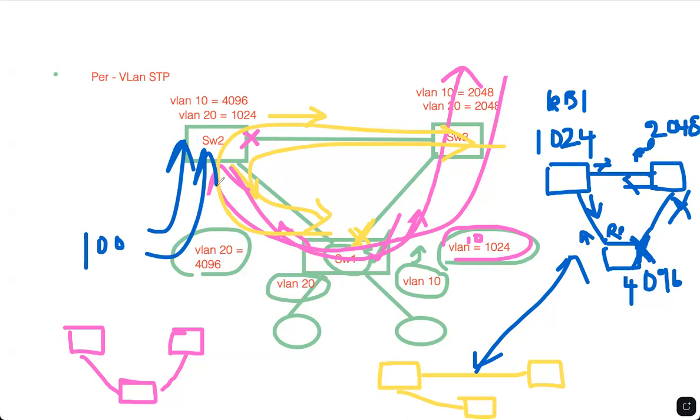Yes, sir. So that is why they came up with the next feature of spanning tree, which is called multi-spanning tree. So now the flavor is multi-spanning tree.